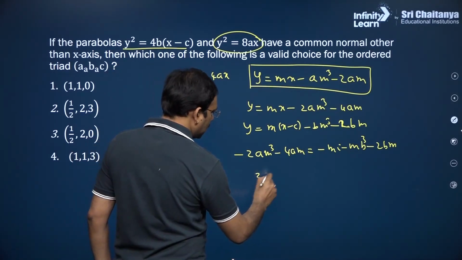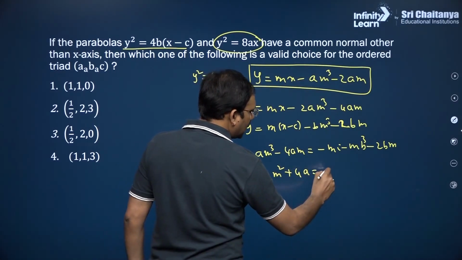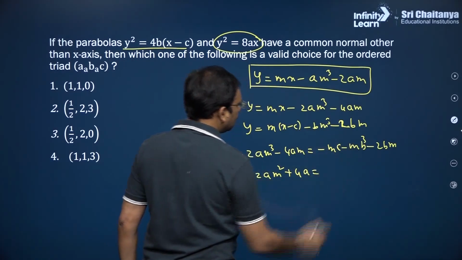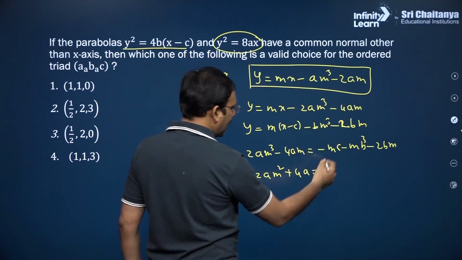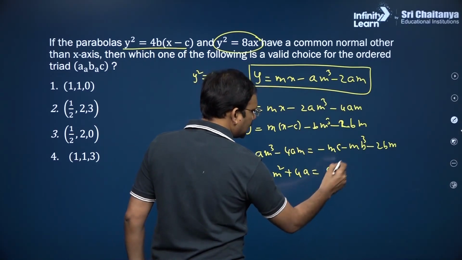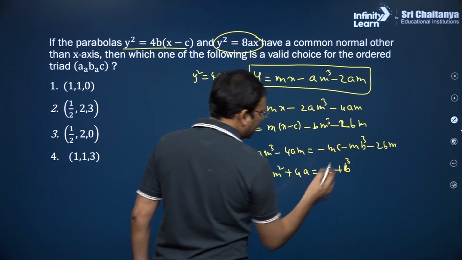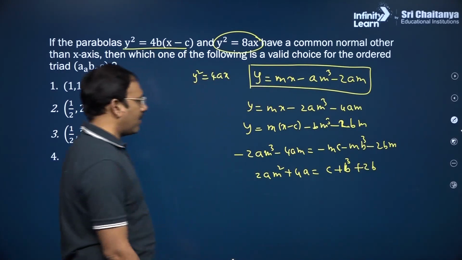You are going to get 2am square plus 4a is equal to c plus b cube plus 2b, with minus m cancelled.